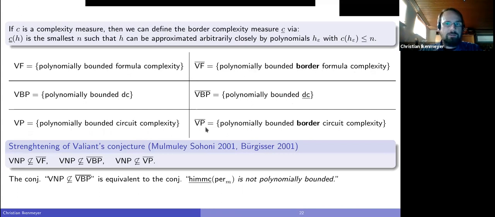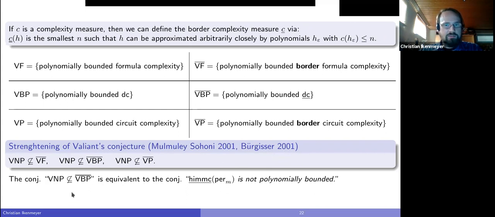You get 3 different complexity classes. And you can still conjecture that the permanent should not be in these classes. And that's a strengthening of Valiant's conjecture. It was independently phrased in both Mulmuley-Sohoni's paper and also in Bürgisser's paper in slightly different ways. So, but it's in both of these papers.